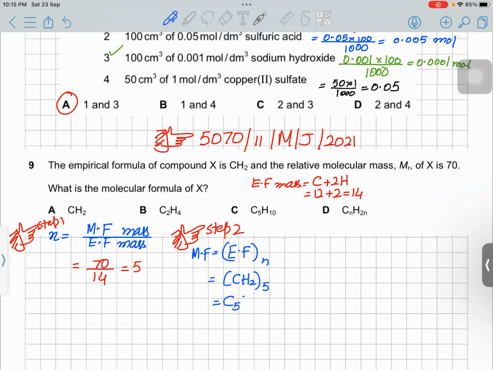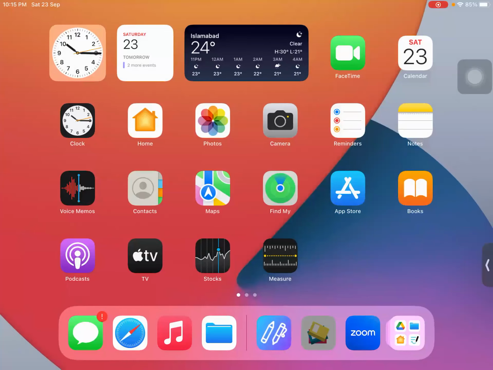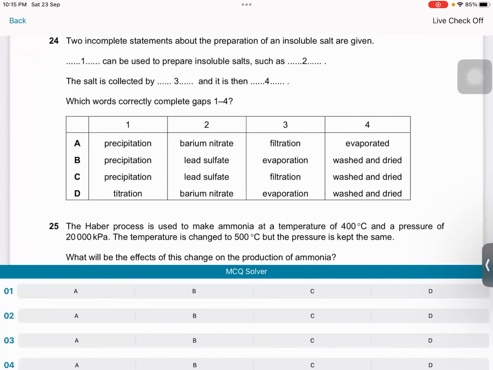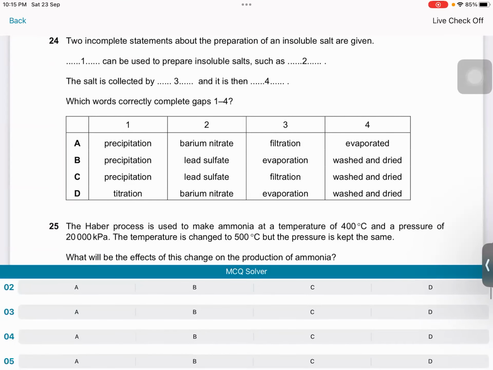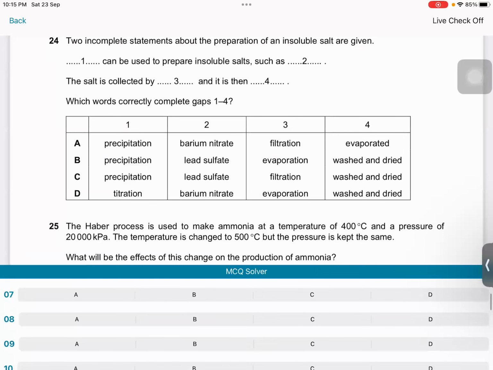So C5H10. So which one is correct? C. So look at the answer 9. C is correct.